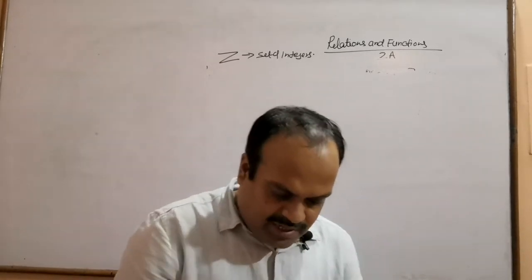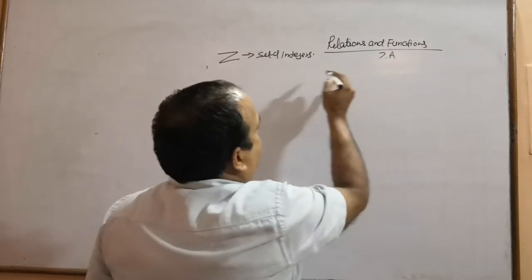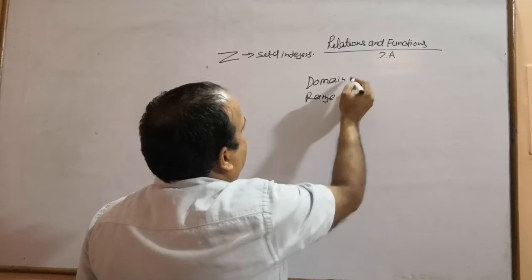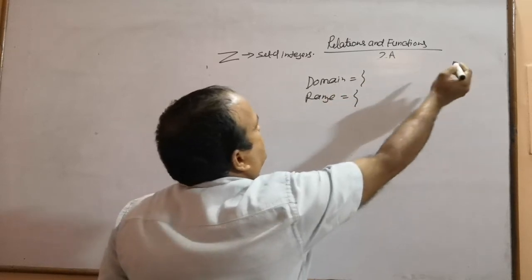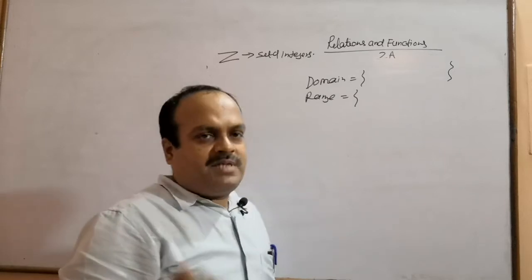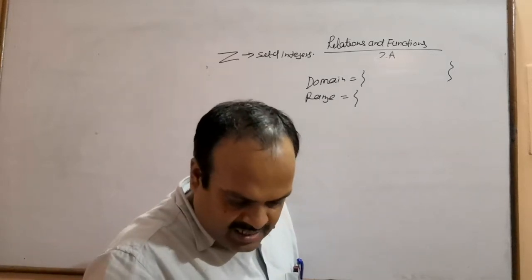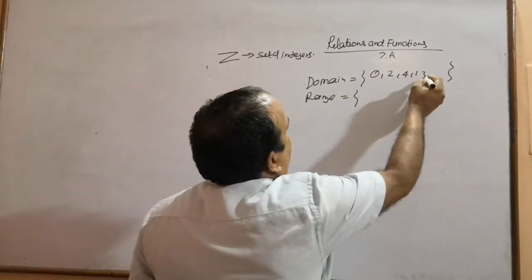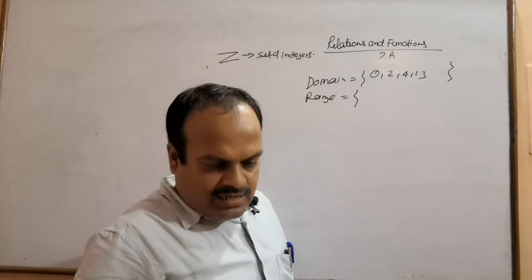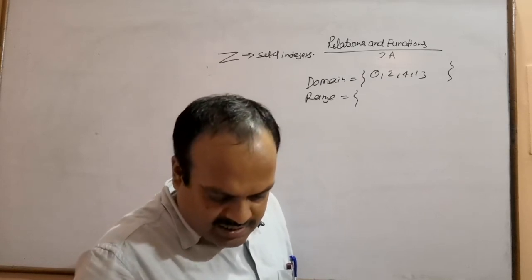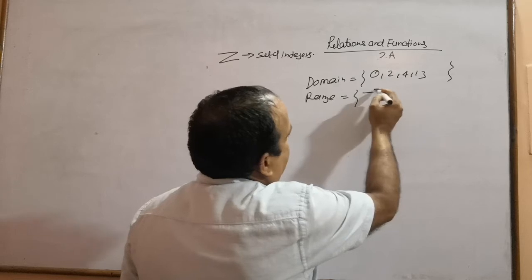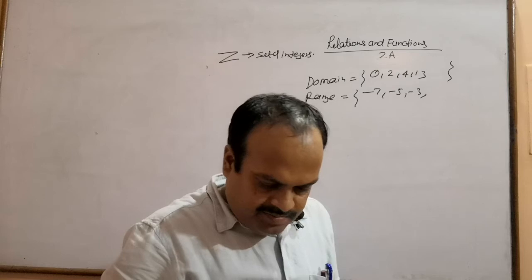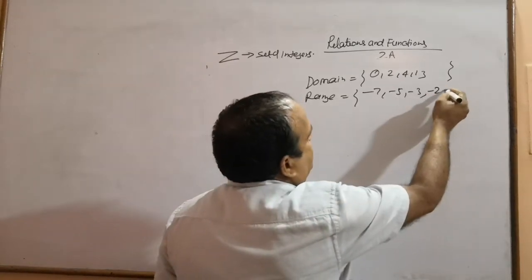So in this question number 5, which I left incomplete, I write here domain and range. So domain is the set of collection of first entries of the elements, and these are 0, 2, 4, 13. And range is the collection of set of second entries of every element, -7, -5, -3, -20.